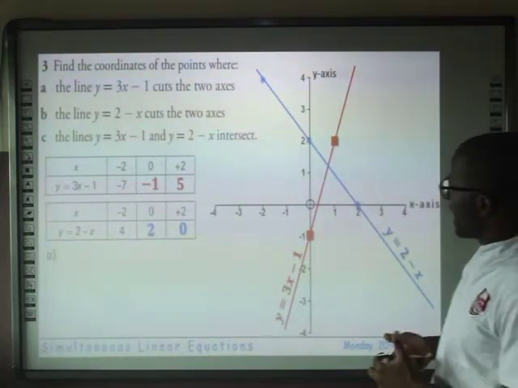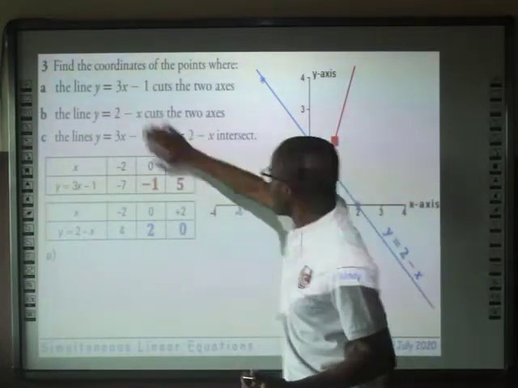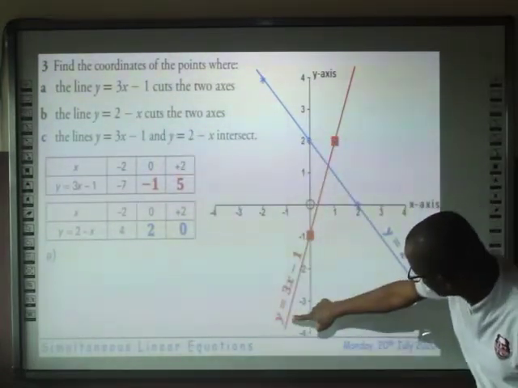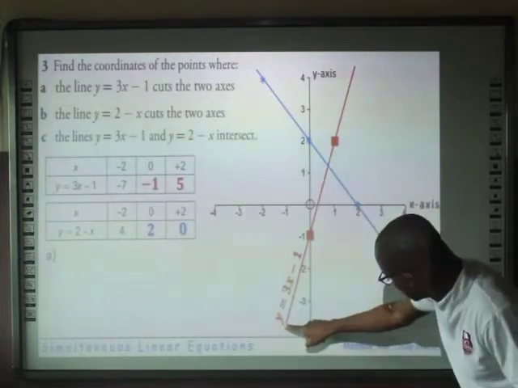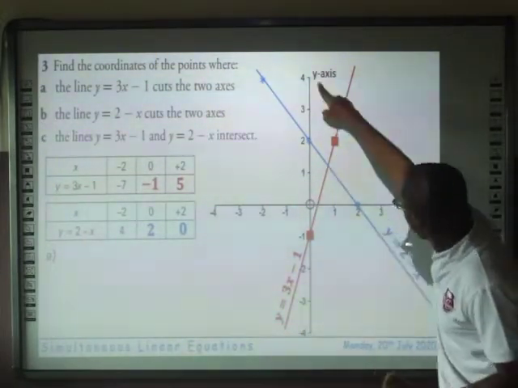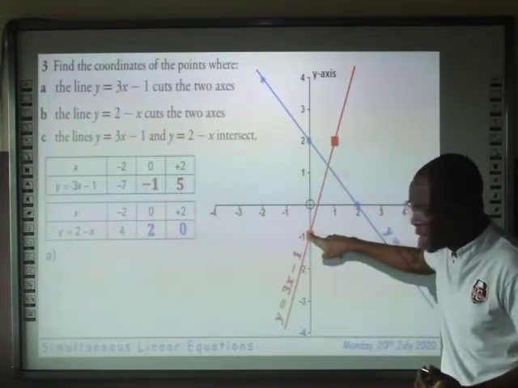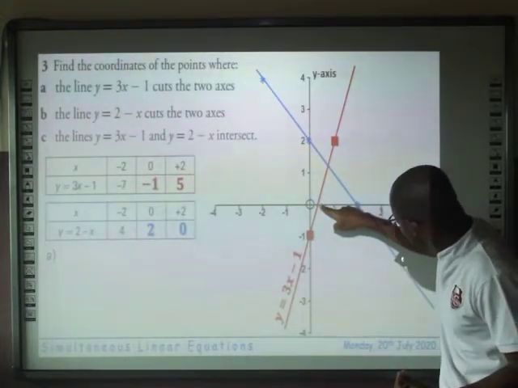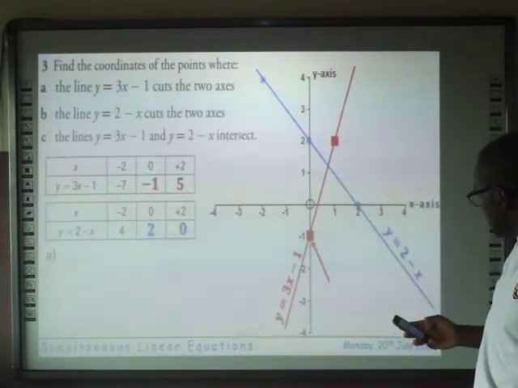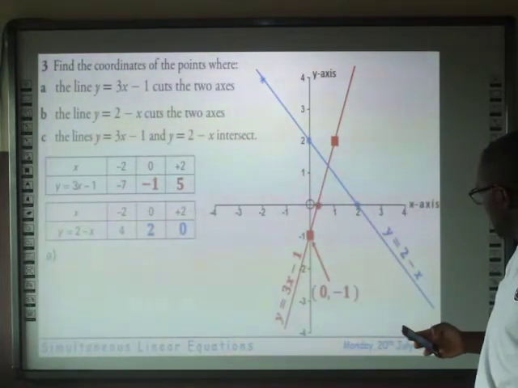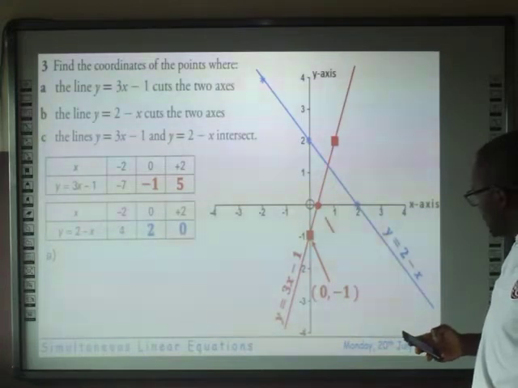So the A part, where the line 3x minus 1, look at the line 3x minus 1, where it cuts the two axes, that is the x-axis, this line will cut the y-axis at that point, and it will cut the x-axis at that point. Alright? I've indicated 2 points with the arrows there, and the coordinates at those points are as shown.